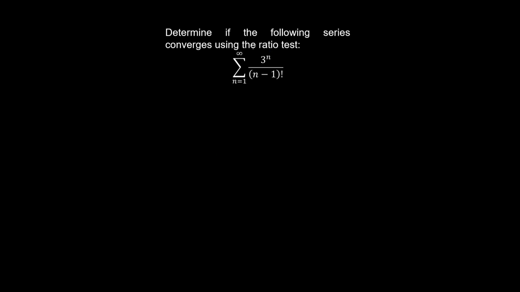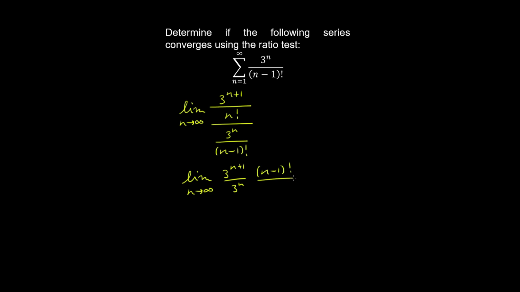Determine if the following series converges using the ratio test. So we take the limit as n approaches infinity of the ratio of the next term in the series to the current term. And noting that n factorial here is n minus 1 plus 1 factorial. And using a bit of algebra, and 3 to the n plus 1 on 3 to the n is 3.